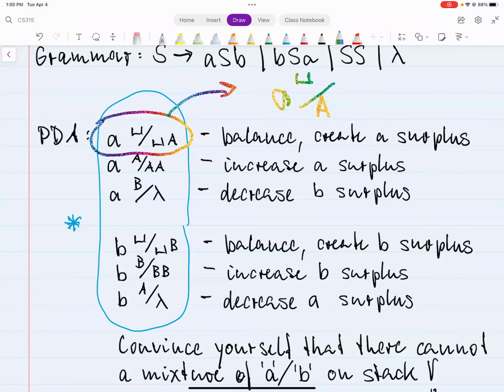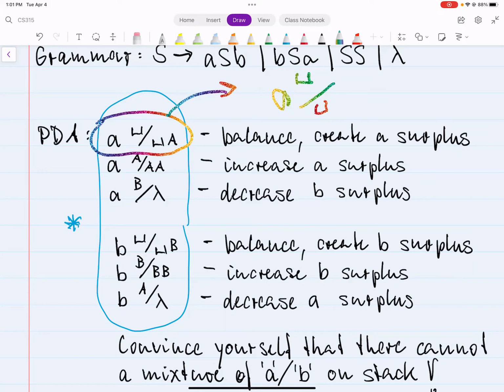The question is what's the bottom? So the way we have written it here, we would do this first, and then next, what is the next symbol that we are going to eat?